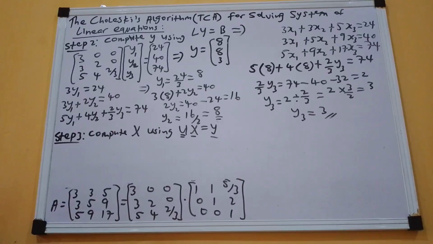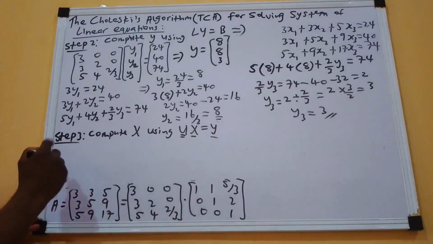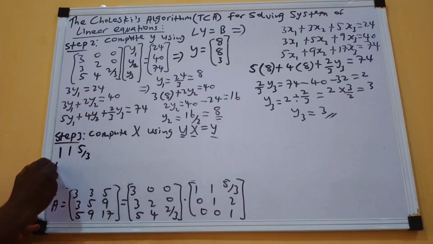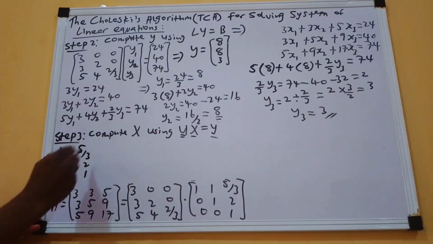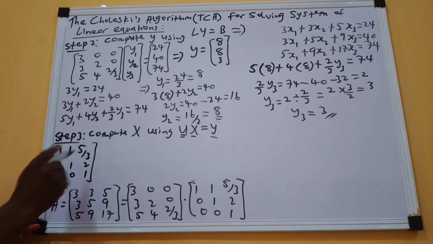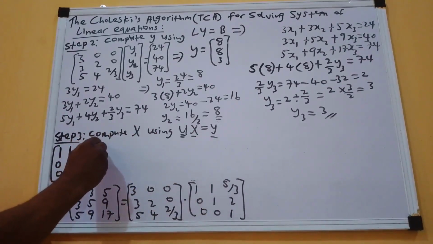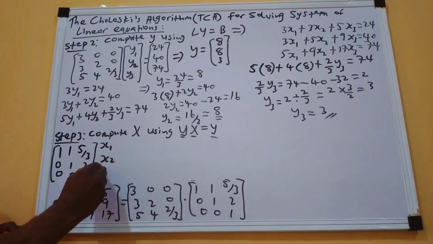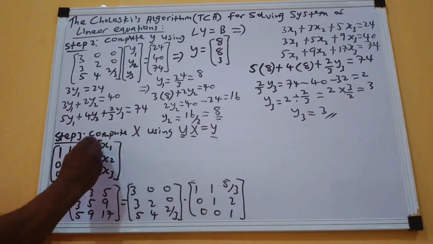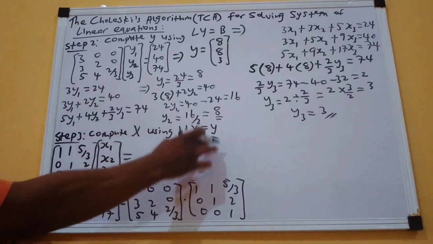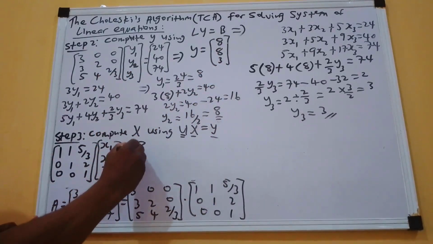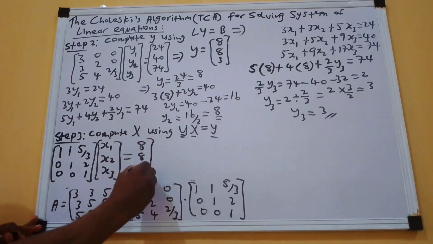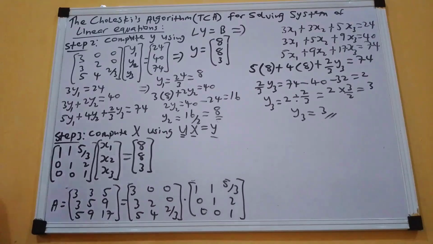So now we can go ahead and do that. What is our U? Look at our U here. Our U is 1, 1, 5 over 3, 0, 1, 2, 0, 0, 1. You put it here. Then what is our X? Our X are the unknowns, X1, X2, X3. You have it like this. And it is equal to, what is our Y? Our Y is 8, 8, 3. As simple as that.